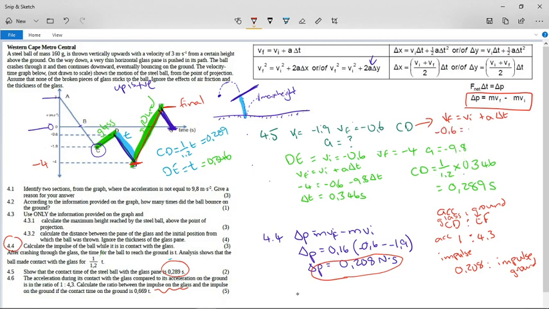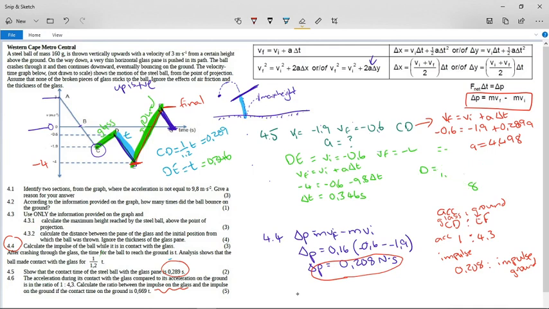My initial velocity is -1,9, and then the time, remember they told you in the question, is 0,289, plus 0,289 A. So if you put everything in there, you're going to end up with a value for A for the acceleration on the glass, and it's a positive value. It's 4,498.